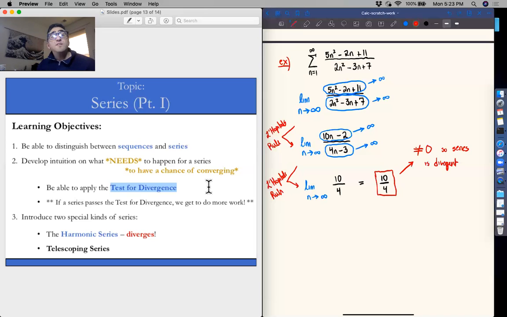And what this actually means in a more practical sense is that as we go further and further out in that sum, all of those terms start looking like 10 over 4. So the terms really far out in the sum all look like 10 over 4.